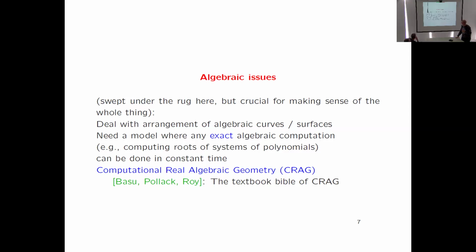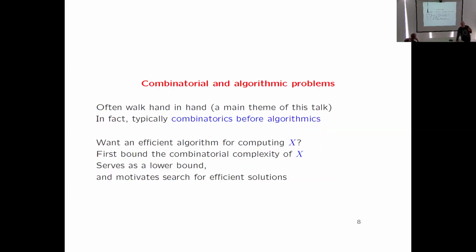The textbook Bible of the area is the book by Basu, Pollack, and Roy, where you can find anything that you want to know or you don't want to know about the topic. So, in short, the algebraic issues can be handled. They are not very cheap, but they will take constant time for curves of constant complexity, and I will ignore it completely in what follows, just to know that you can do it.